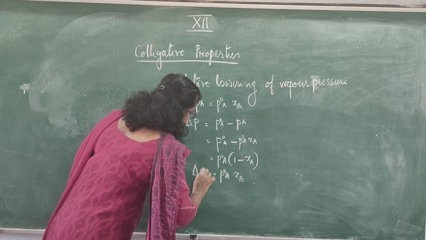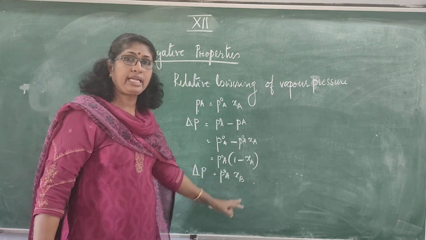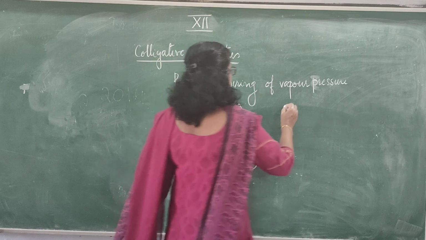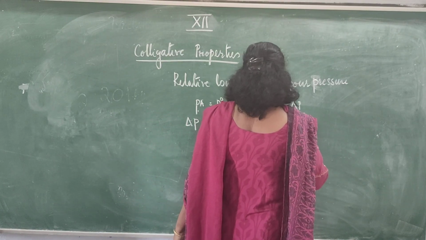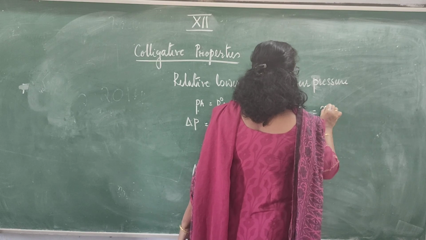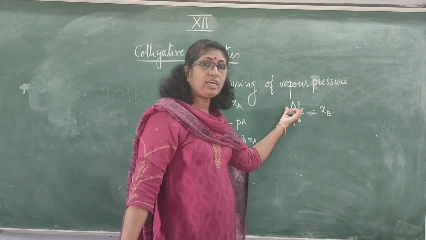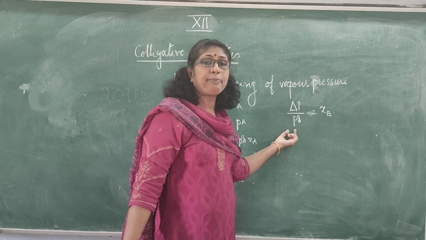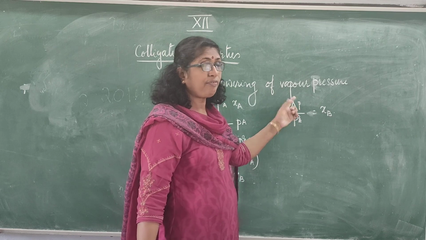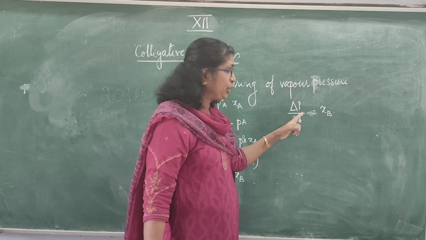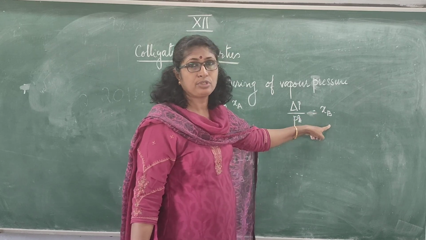So delta P, the lowering of vapor pressure, is equal to P naught A into XB, or delta P by P naught A is equal to XB. That is, the ratio of lowering of vapor pressure to the vapor pressure of the pure solvent is equal to the mole fraction of the solute.